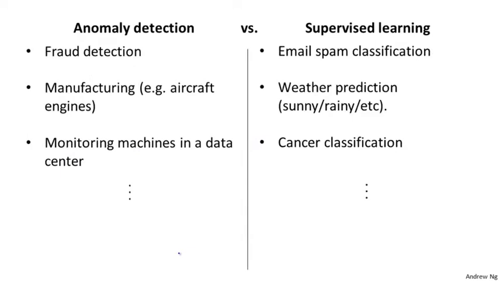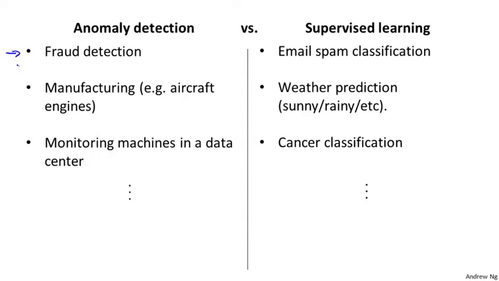If we look at some applications of anomaly detection versus supervised learning, we'll find that in fraud detection, if you have many different ways for people to try to commit fraud and a relatively small training set, a small number of fraudulent users on your website, then use an anomaly detection algorithm.